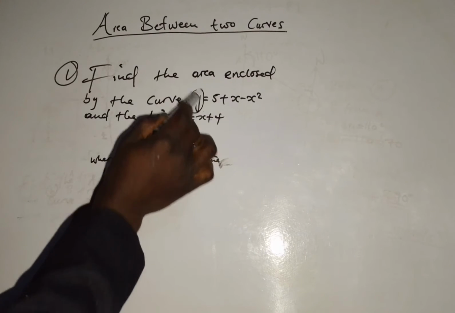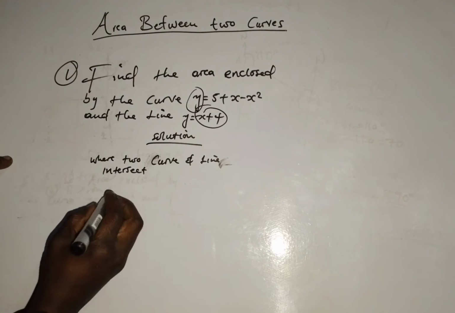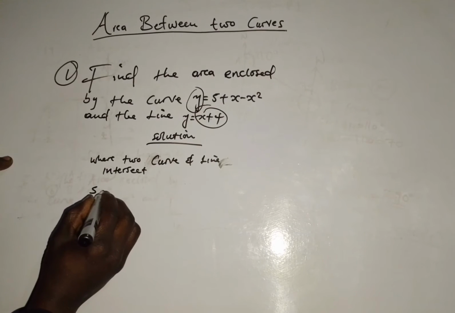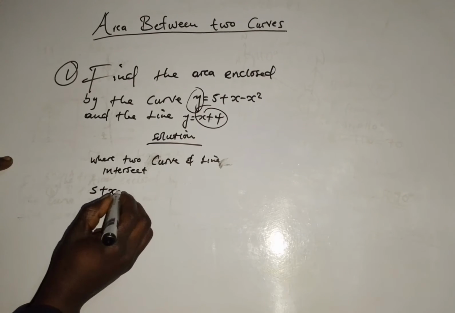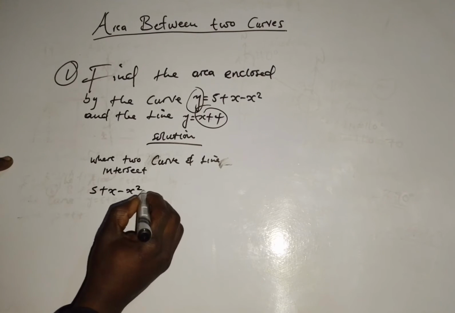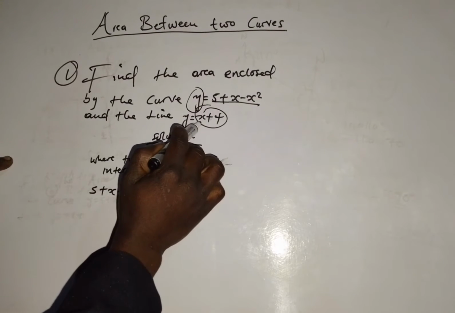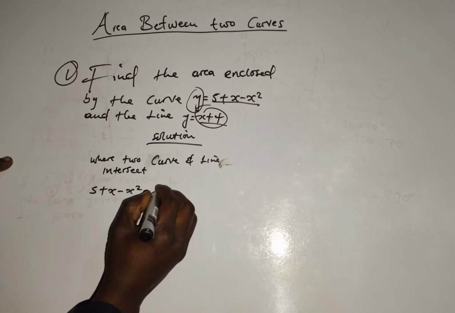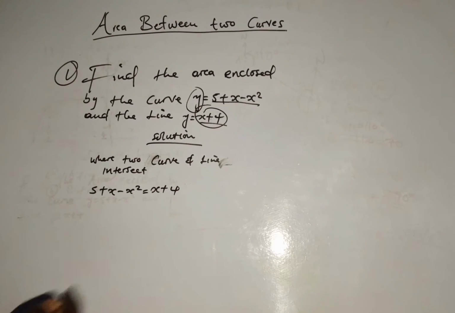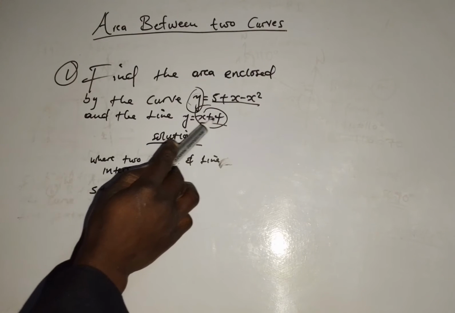So where there is y, we substitute with this one, in which we are going to say 5 plus x minus x squared should be equal to x plus 4. We have substituted where there is y with x plus 4.